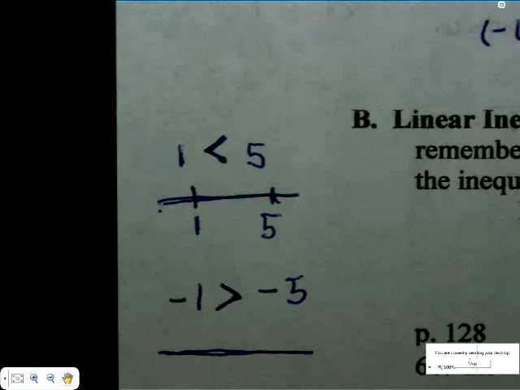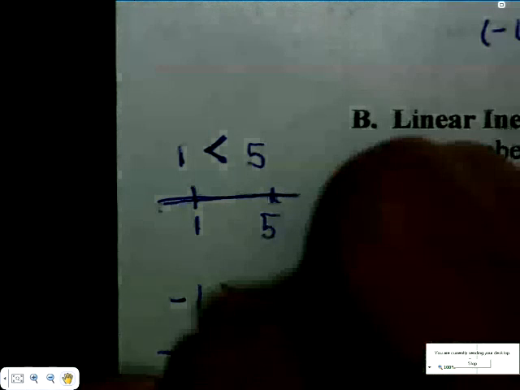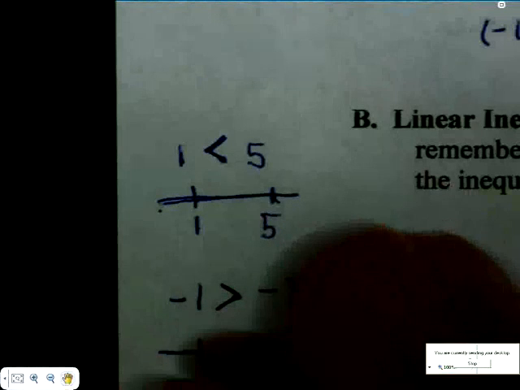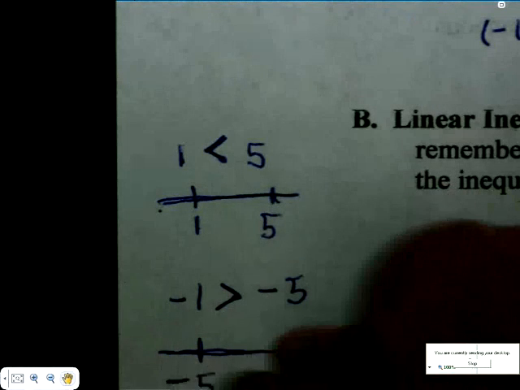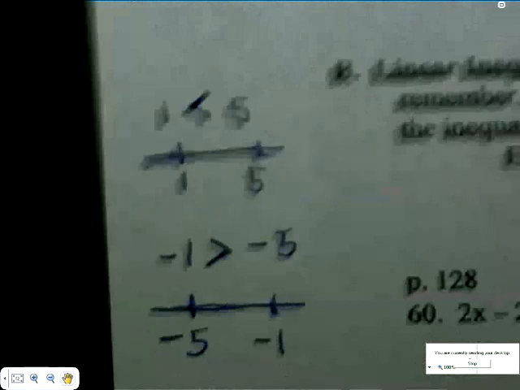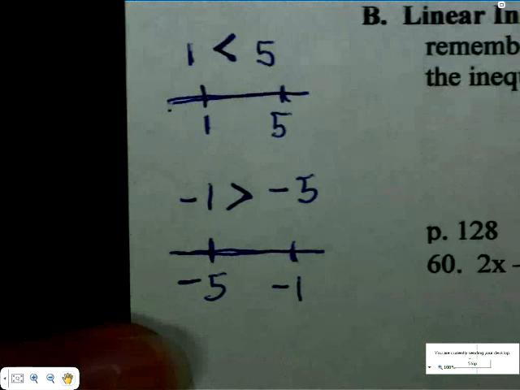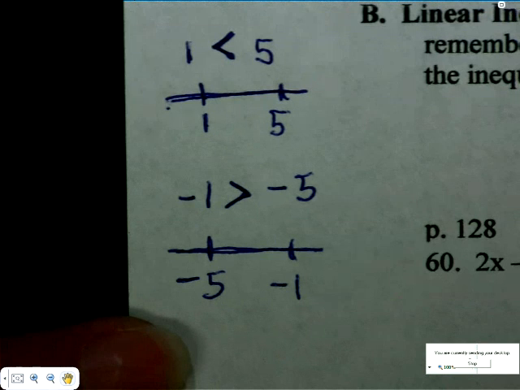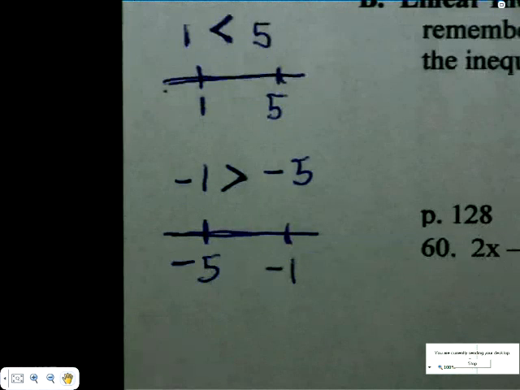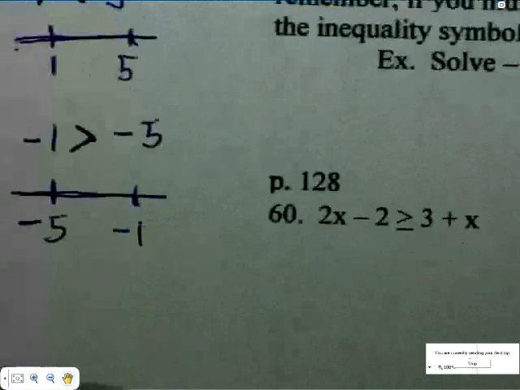The -1 is not on the left anymore. If you make a number line, -5 is to the left of -1. And that's why when you multiply or divide both sides by a negative, you have to reverse the symbol, just because of the way negative numbers lie on the number line. So if you've been holding a grudge against somebody for years for doing that to you, get over it.